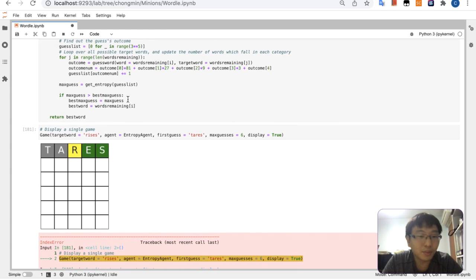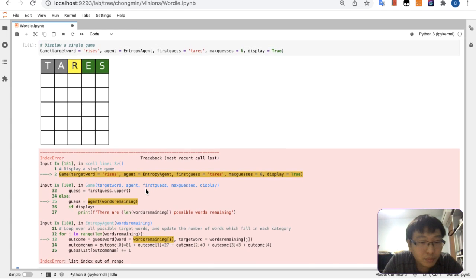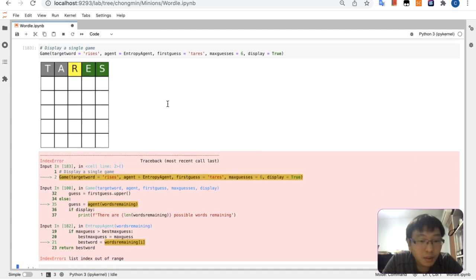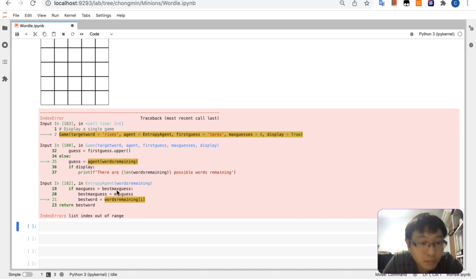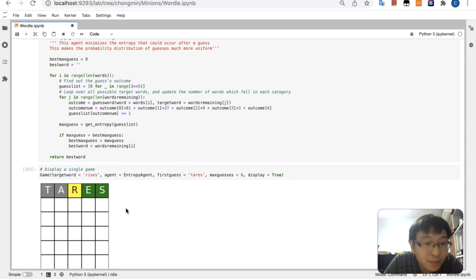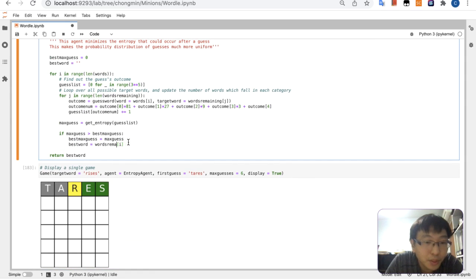Okay, let's just try the entire word list. Least index out of range. Why? Oh, it should be words.